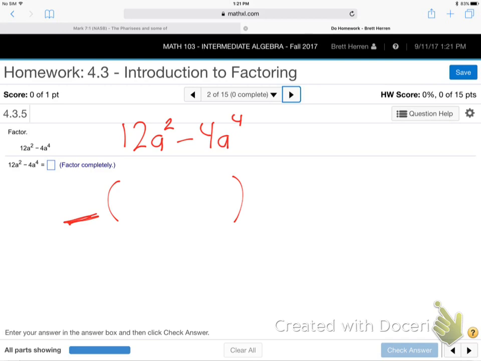So what goes into 12 and into 4? 4 does. And then what power on the a do I put in the front? The lower one. So 4a squared?